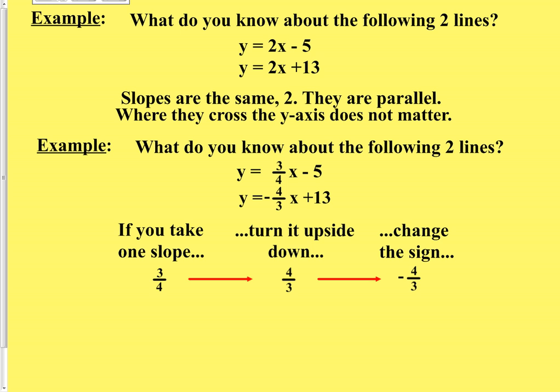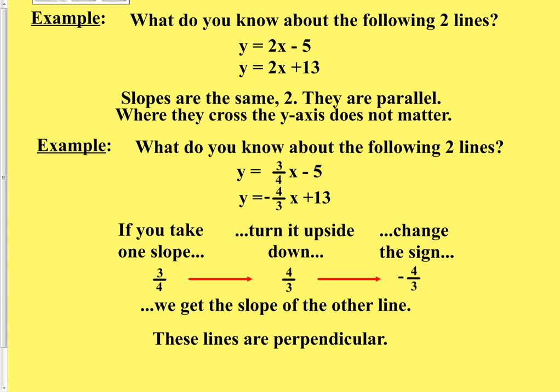The rule for negative reciprocals said if you take one slope and turn it upside down and change the sign, if that makes your fraction look like the other fraction you were comparing to, which would be the slope from the second line, then you have negative reciprocal slopes. So we did the little procedure for negative reciprocals: take one slope, turn it upside down, change the sign, and we found the slope that belongs to the second line.